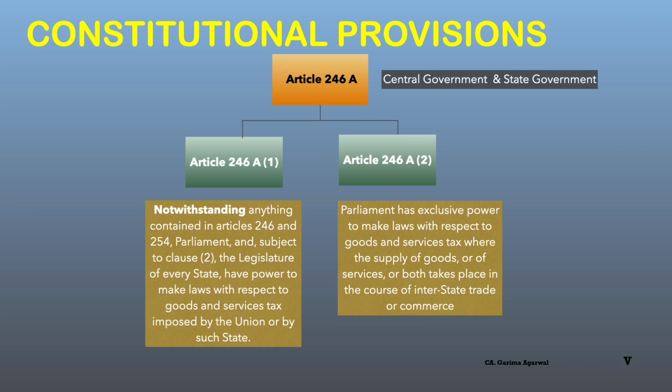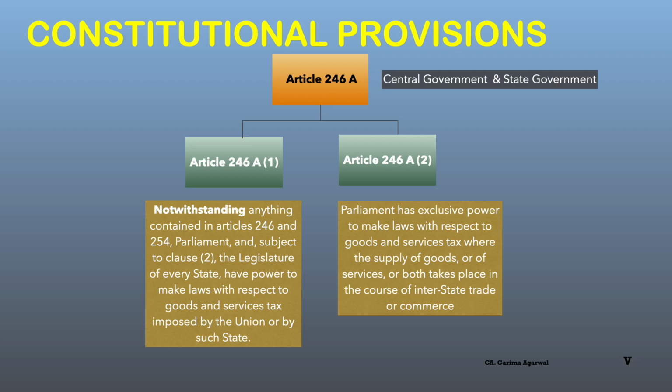Now let's discuss the birth of Article 246A. To unify this, the Constitution 101st Amendment Act 2016 inserted Article 246A. This article is a non-obstante clause, meaning it overrides the general distribution of powers under Article 246. Let's read it in two parts.